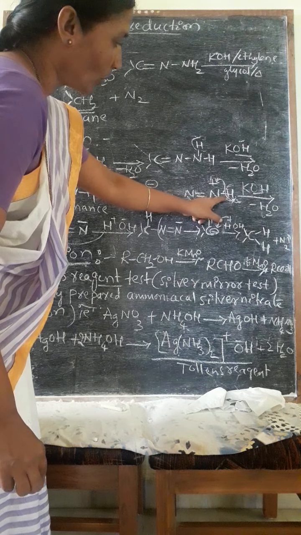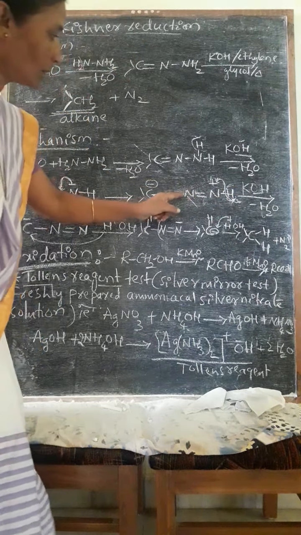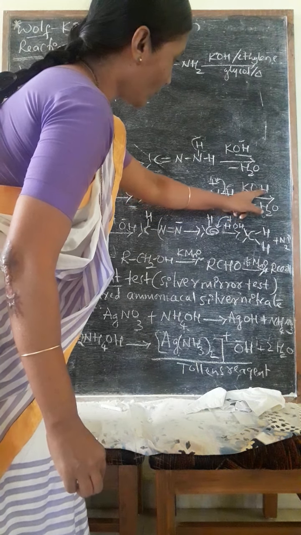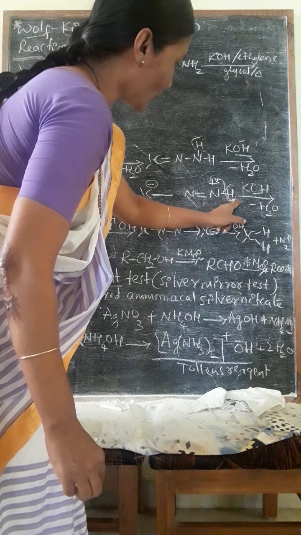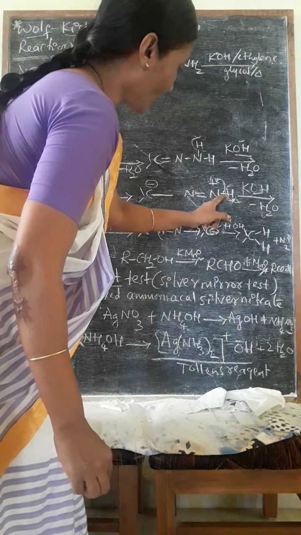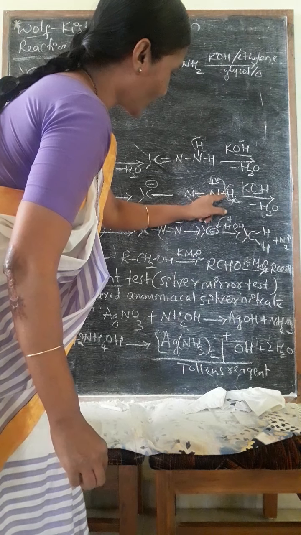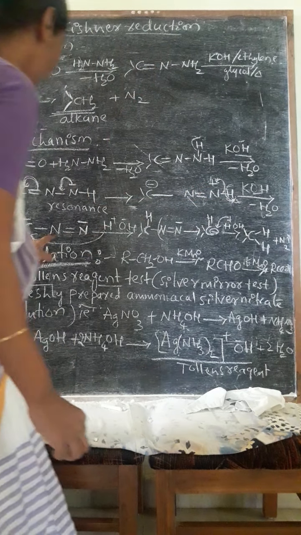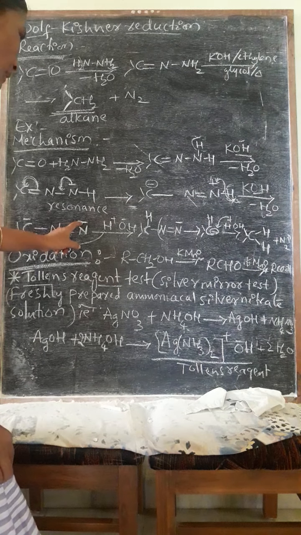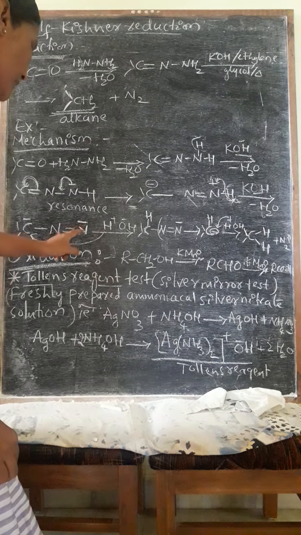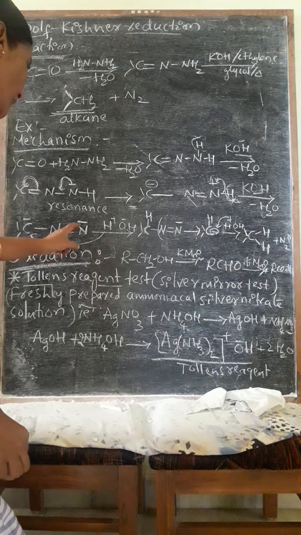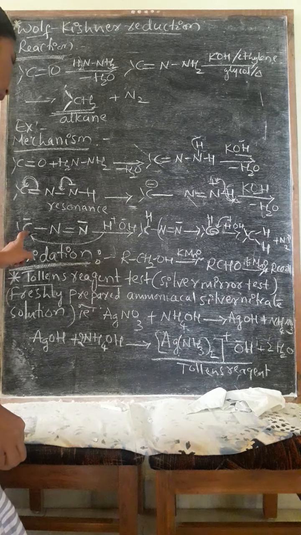Now again this intermediate takes OH minus, which withdraws a proton from this NH. Now this nitrogen has got an electron, so this nitrogen becomes a minus. Plus charge gone, now it neutralizes. You can say C minus, N double bond N minus.